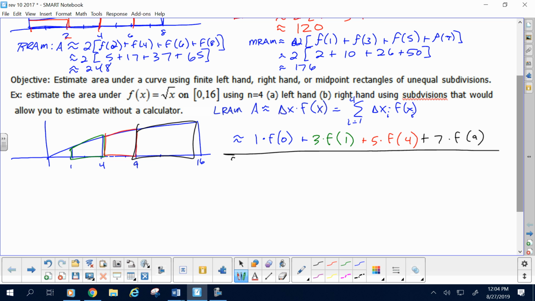Let's skip the arithmetic. I assume you can do arithmetic. Would you set up RRAM for me, please? The expanded form. Don't worry about the summation notation.